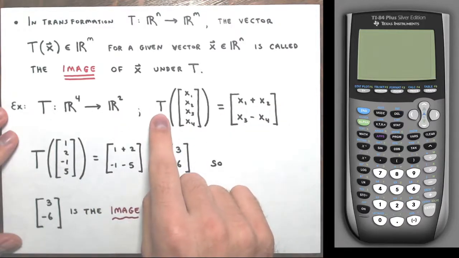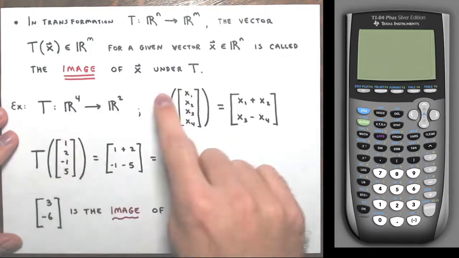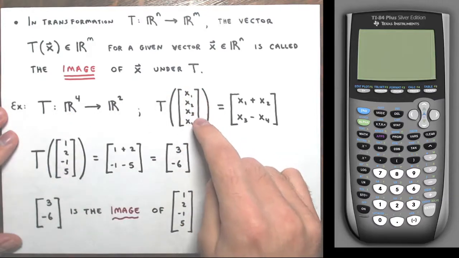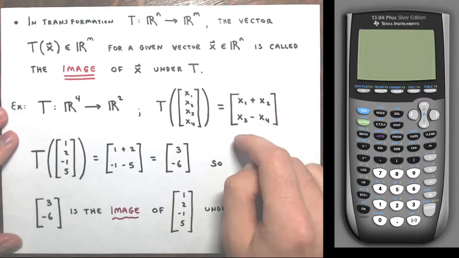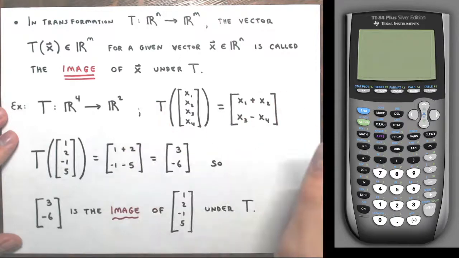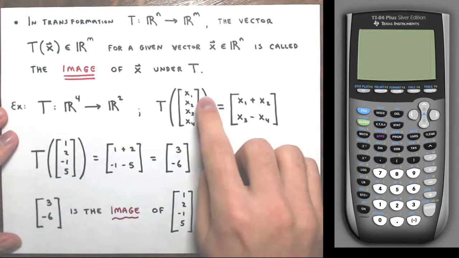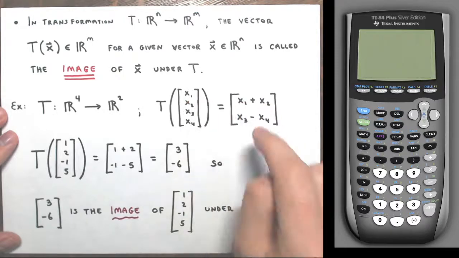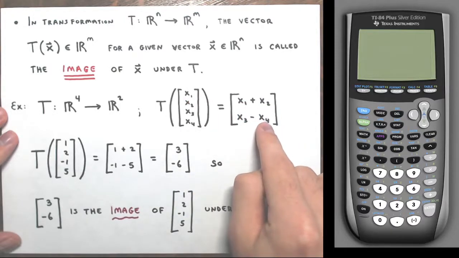If I take T of the vector from R4 with components x1, x2, x3, x4, that's equal to an output vector from R2, where the first component is the sum of the first two components, x1 plus x2, and the second component is x3 minus x4.